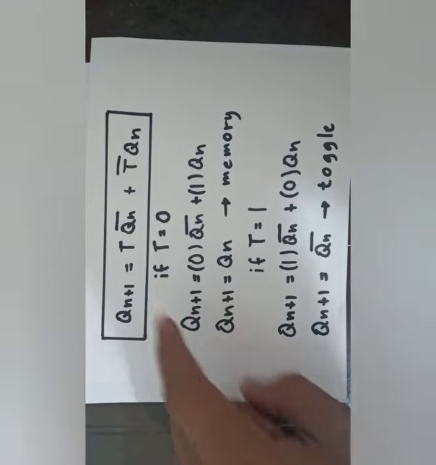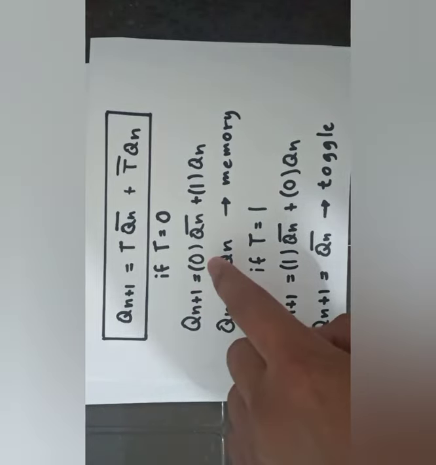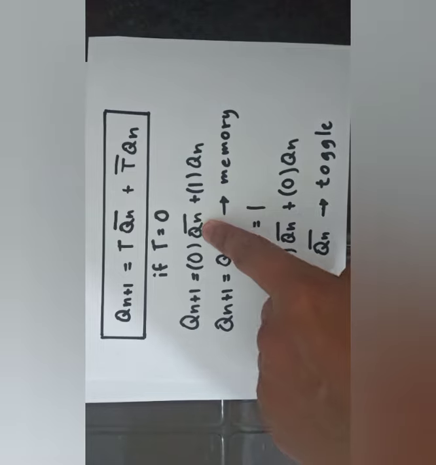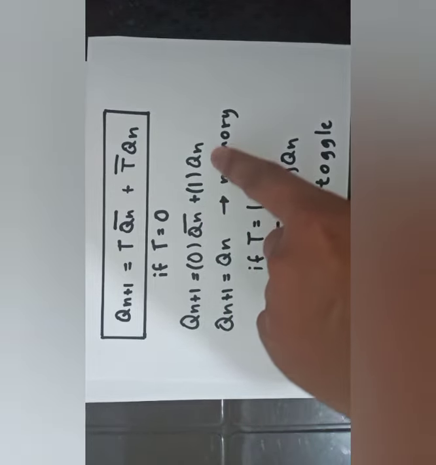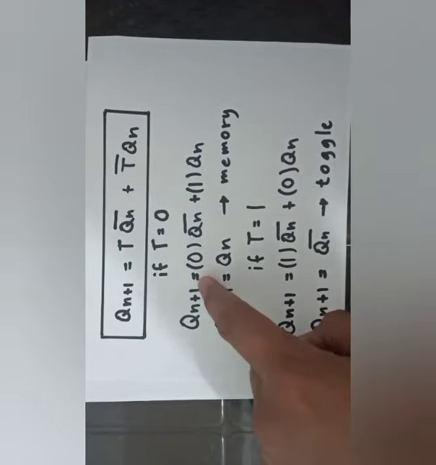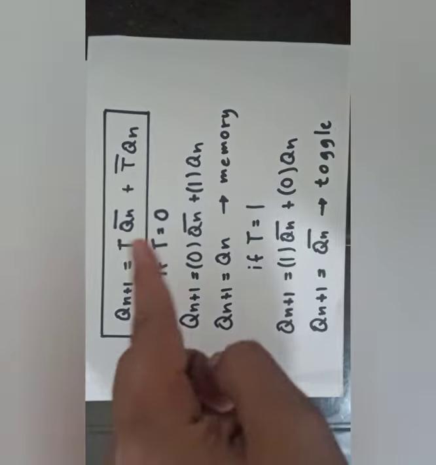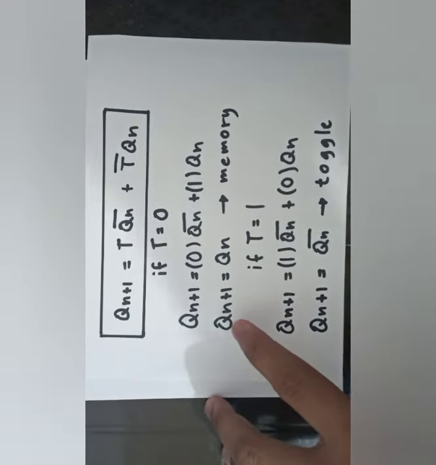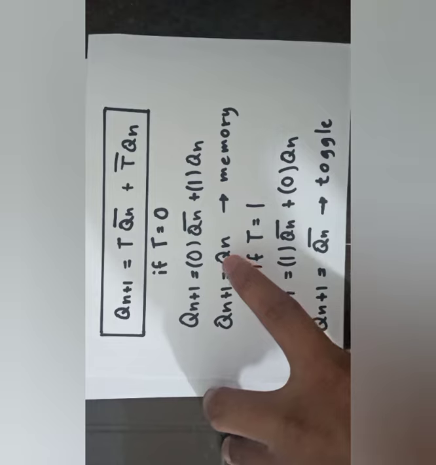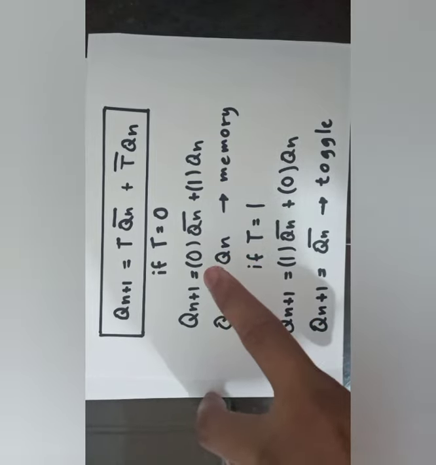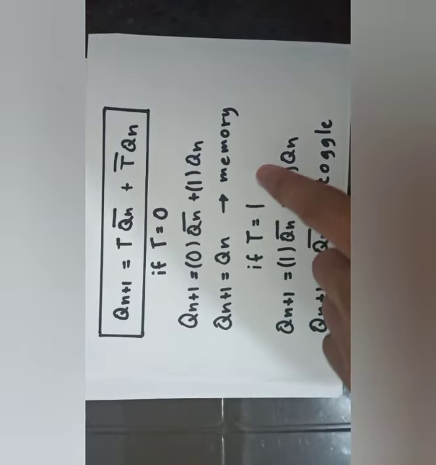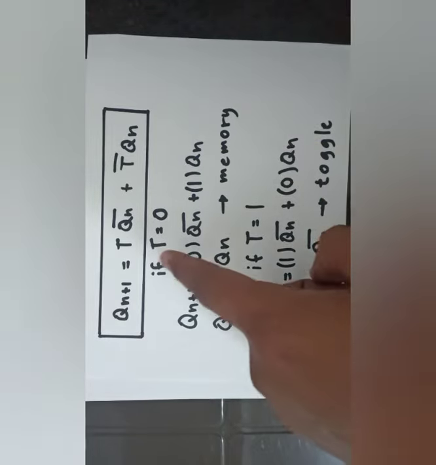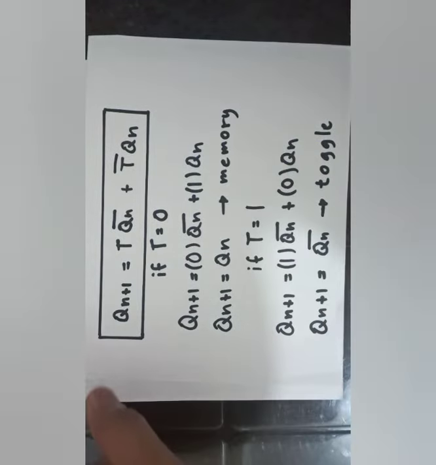If T equals 0, then Qn plus 1 is equal to 0 times Qn bar plus 1 times Qn. So 0 times Qn bar will be just canceled out, and it will give us Qn plus 1 is equal to Qn. It agrees with our characteristic table that when T is equal to 0, it will be in memory state.